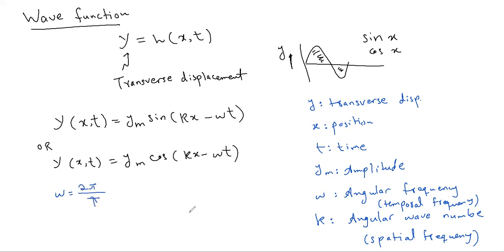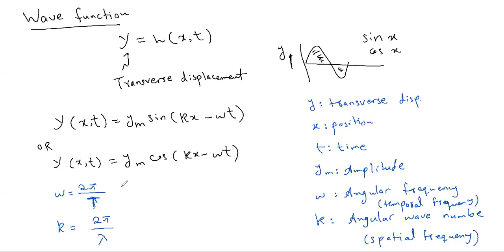Similarly, we can define this angular wave number or spatial frequency k, that is number of waves per unit distance. It's 2 pi by lambda. This capital T denotes the time period of the wave, and lambda denotes the complete wavelength of the wave. These are just mere definitions, nothing else.